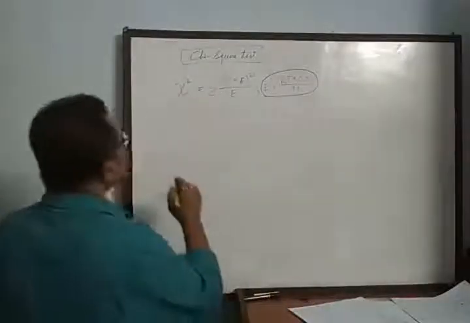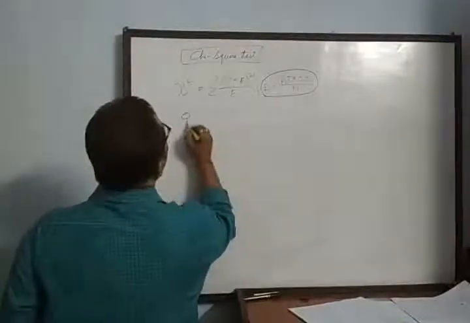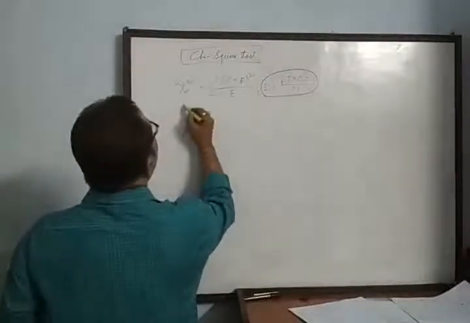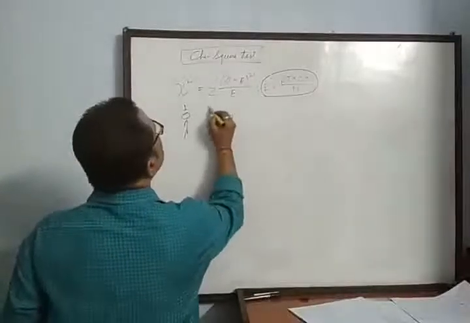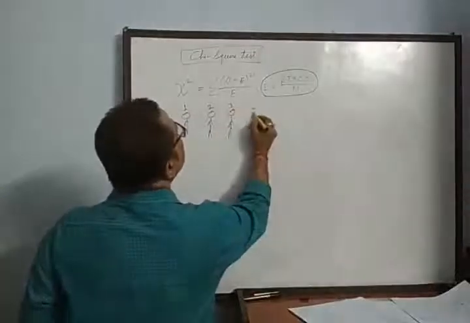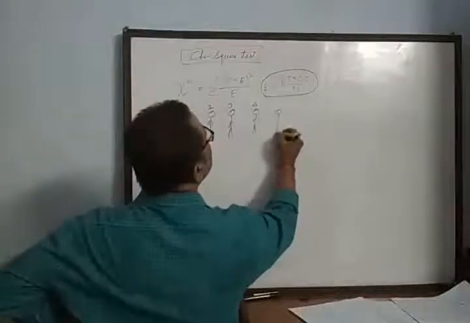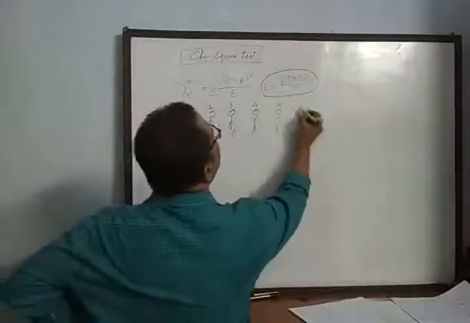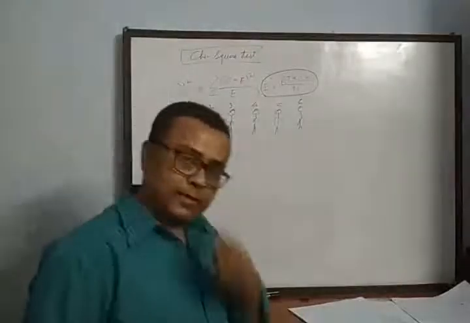Suppose there is person 1, person 2, person 3, person 4, person 5 and person 6.